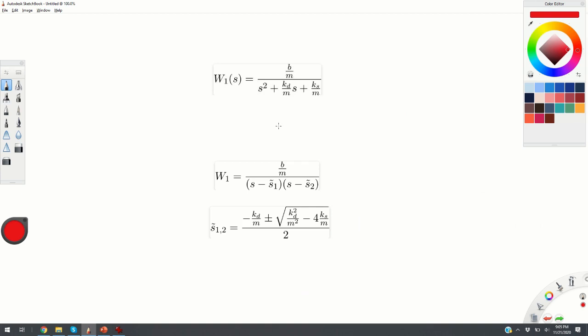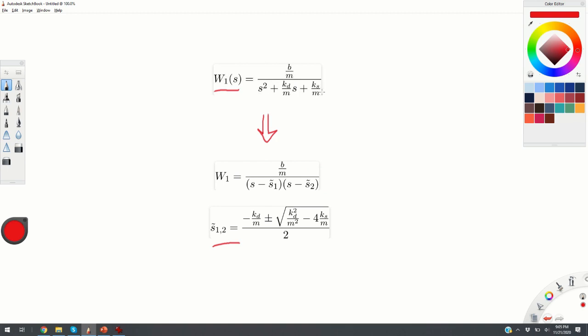The next step is to show how to transform this transfer function into the form that looks like this, where tilde s1 and tilde s2 are given by this equation. Tilde s1 and s2 are actually the poles of the system.